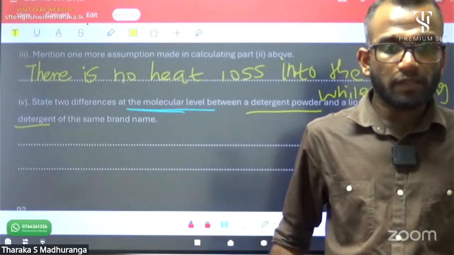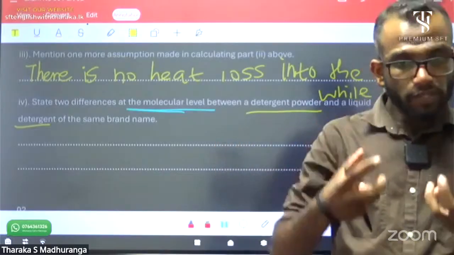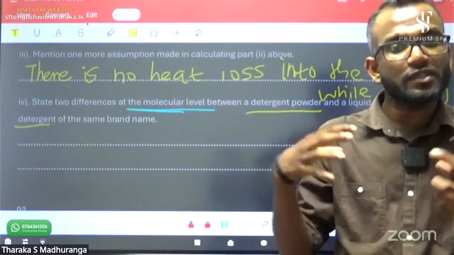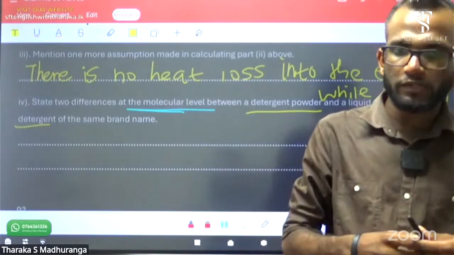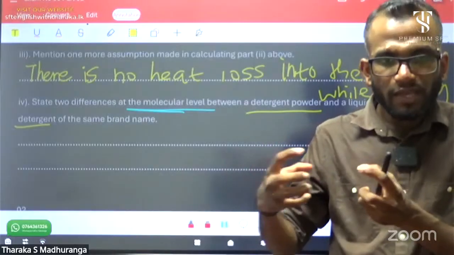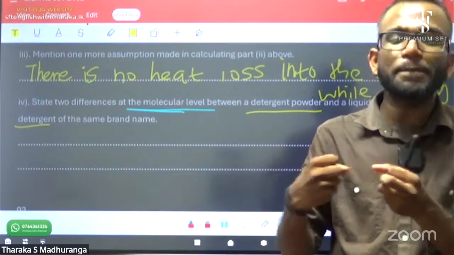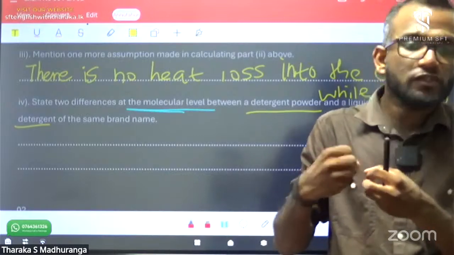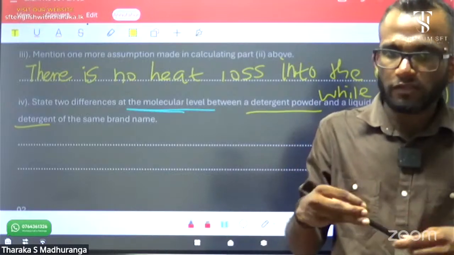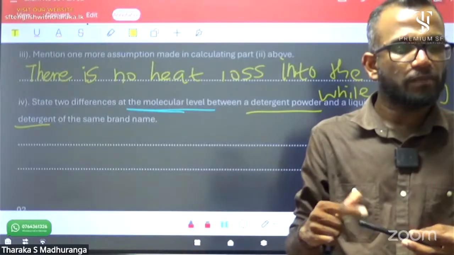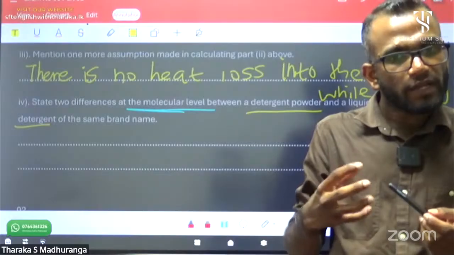They are very simple. In molecular level solid, that means detergent powder, they are highly compacted with very strong intermolecular bonds. Liquids, they are closely packed but not compacted and no very strong intermolecular bonds like solid, right? You can note down, you already know. And how about molecule kinetic energy?